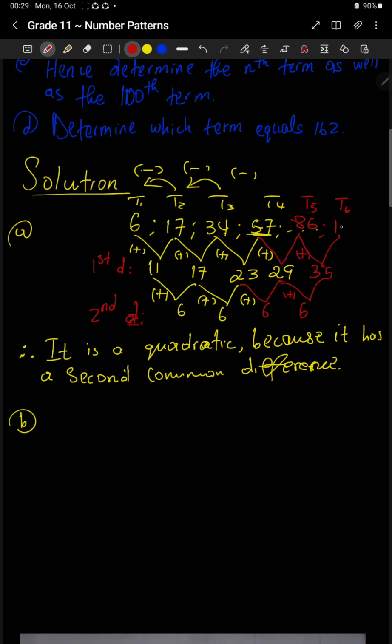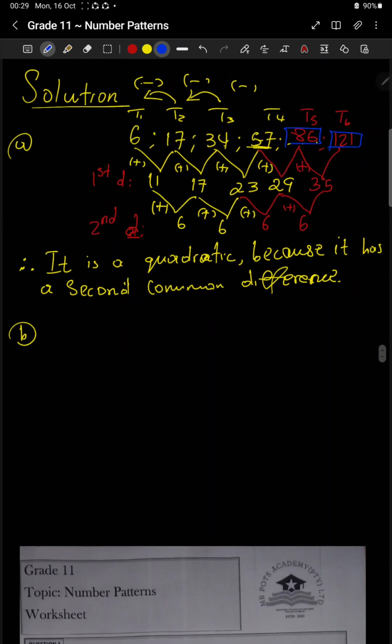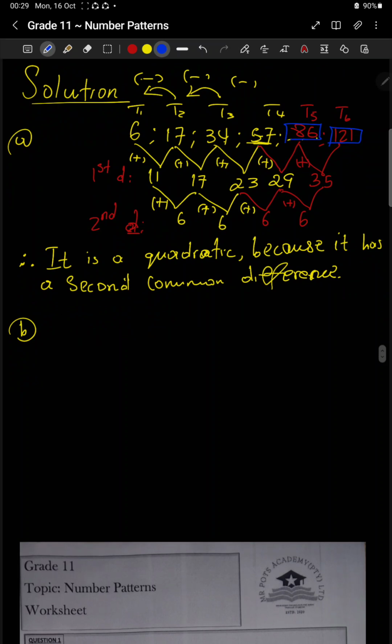Definitely the next term must be 121. So this is how you get the next term. So our next two terms are 86 and 121.